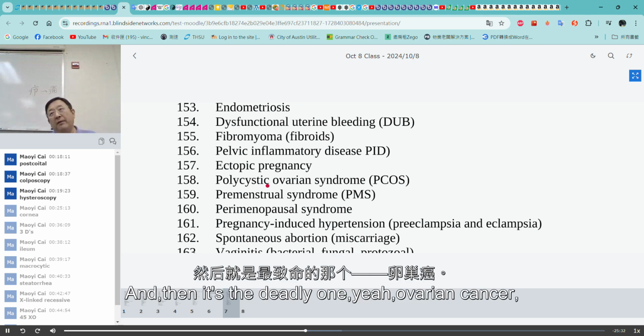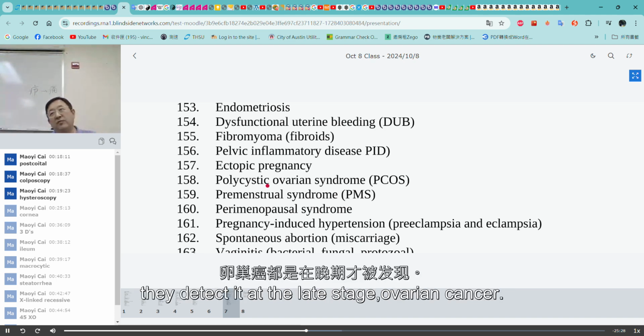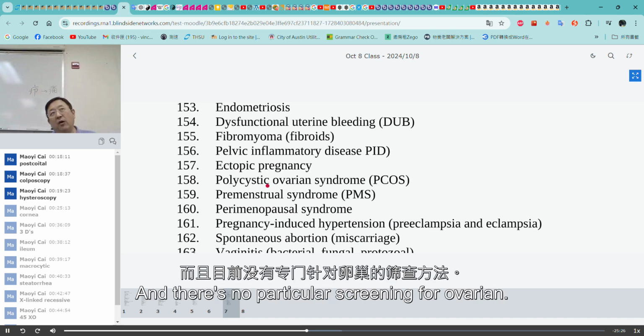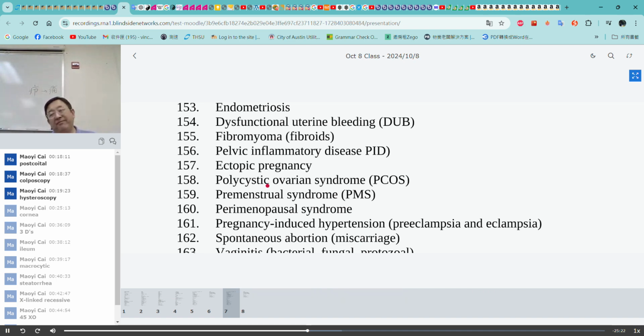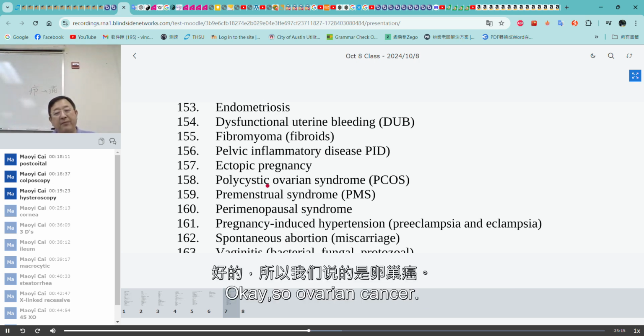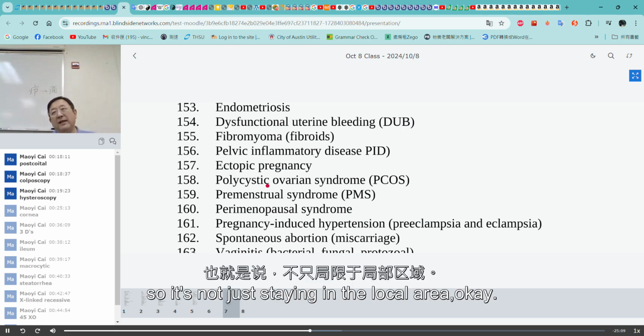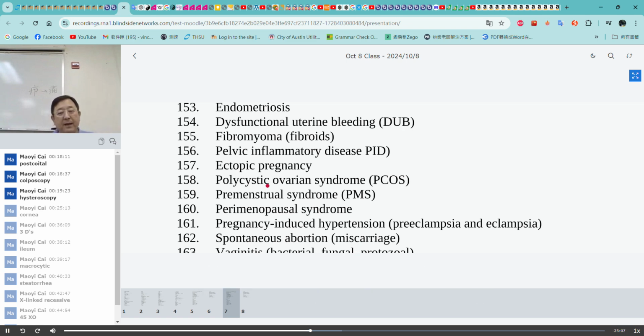It's the deadly one because a lot of times it's detected at a late stage, and there's no particular screening for ovarian cancer. That's why it's hard to detect early. Why is it deadly? Because it metastasizes. It goes everywhere, not just staying in the local area.